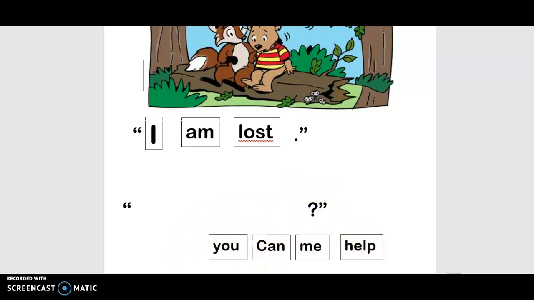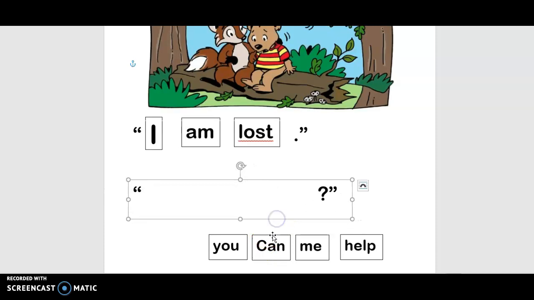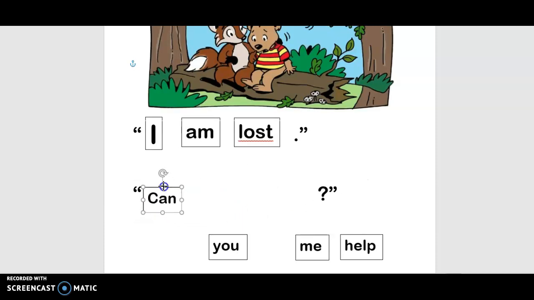So what word do you think will be the first word in our sentence? What about this one right here with an uppercase C? We start every sentence with an uppercase, so I think that this word could be our very first word. That word is can. Can me? No, that doesn't sound right. Can help me you? Nope. What do you think he's asking?